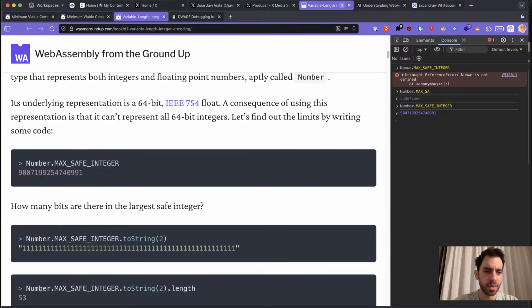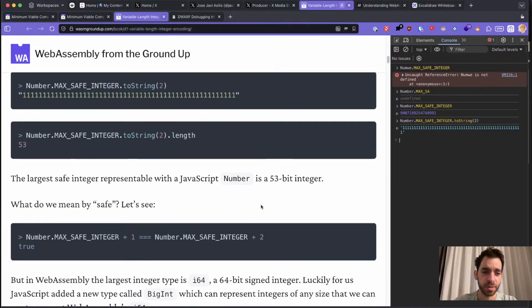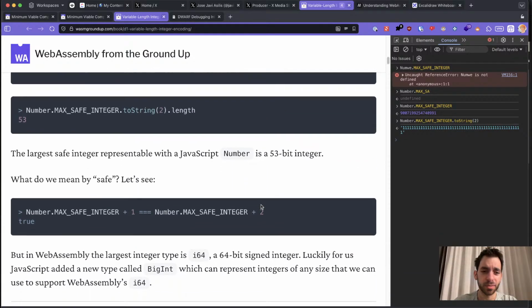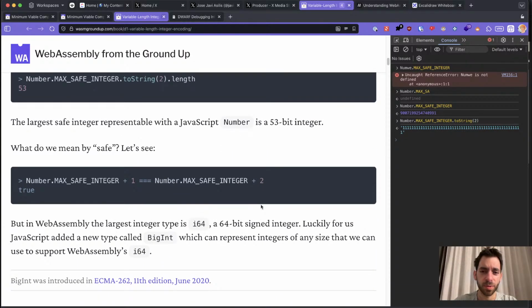Oh wow. How many bits are there in the largest safe integer? I didn't know you can transform it to bits. toString. 53. The largest safe integer representable with a JavaScript number is a 53-bit integer.